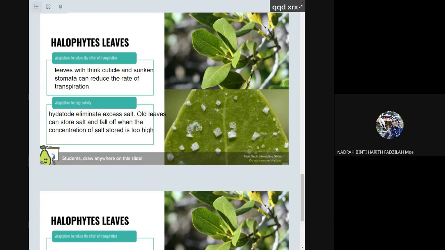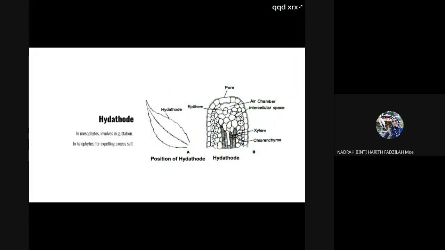Jadi bila kita pergi dekat daun pokok mangrove ni, permukaan dia macam sort of berlendir sebab dia ada air garam kat situ. Dan kita nampak pada surface tu butir-butir garam sebab all the water has evaporated, leaving behind salt crystal.